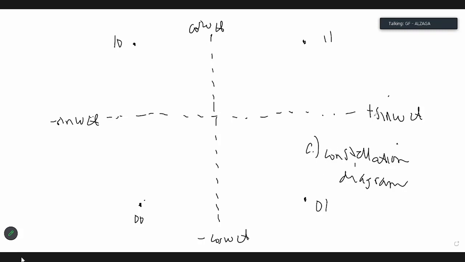Yes po, sir. Okay, any question regarding the truth table, constellation, and phasor diagrams? Okay na? Okay. Clear na natin. Okay. Stop share.